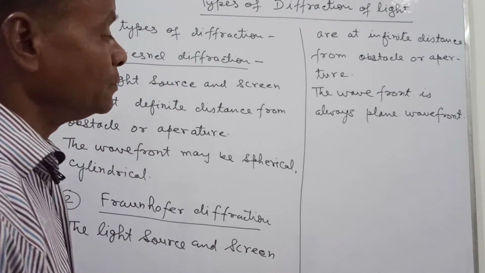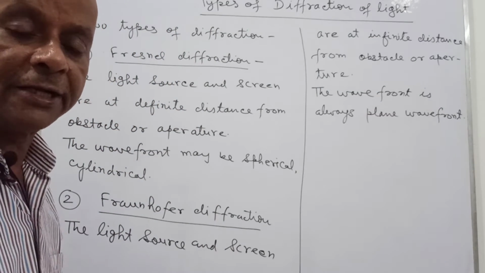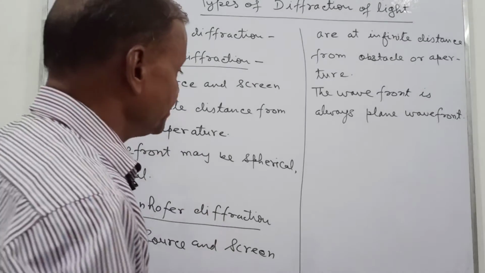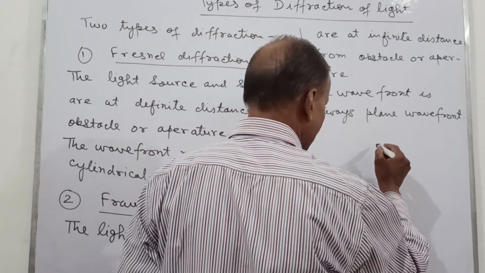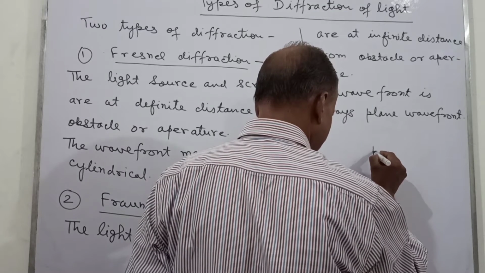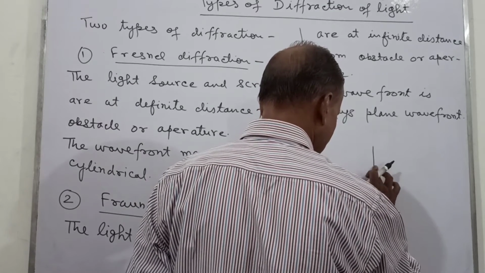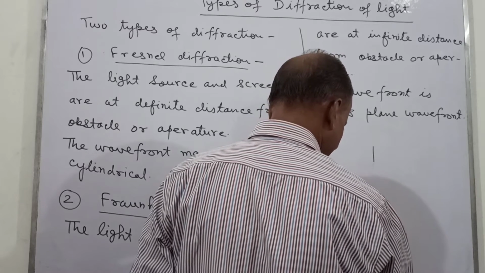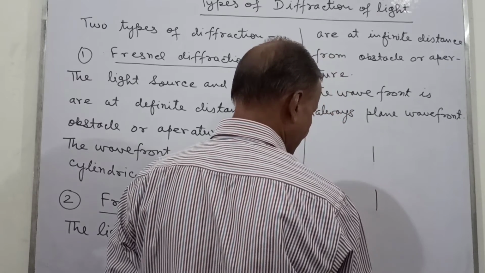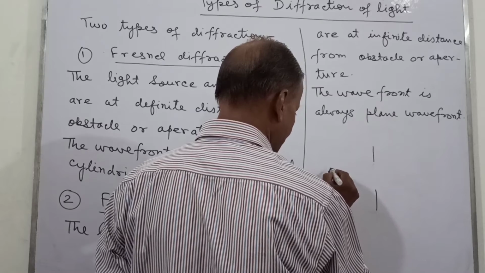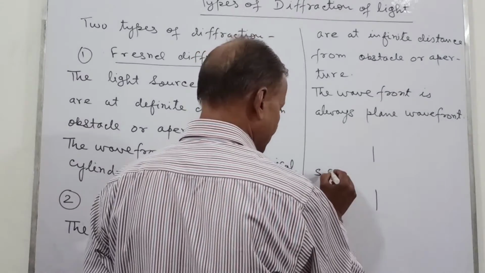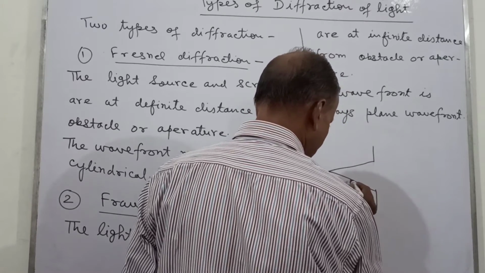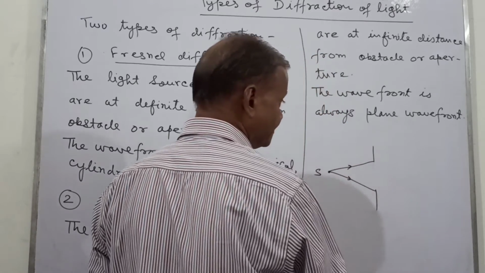So now I will show you the experimental arrangement of this Fresnel diffraction. Let this be the aperture. This is the light source S. The light waves will go like this.